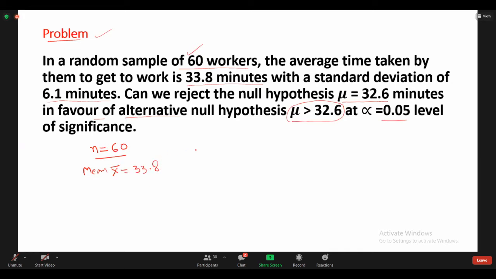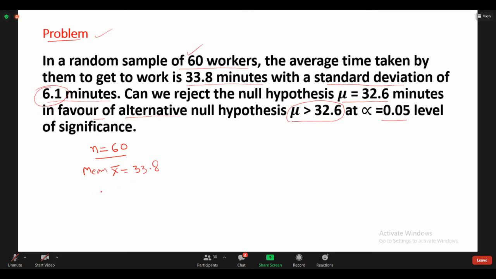And with standard deviation of 6.1, what is this value 6.1? Is it sample or population standard deviation?